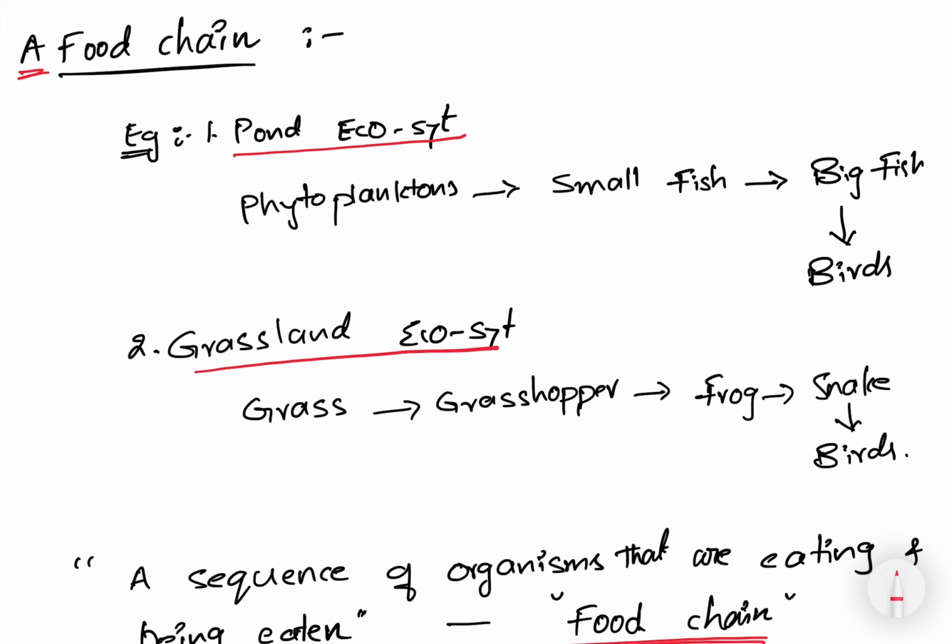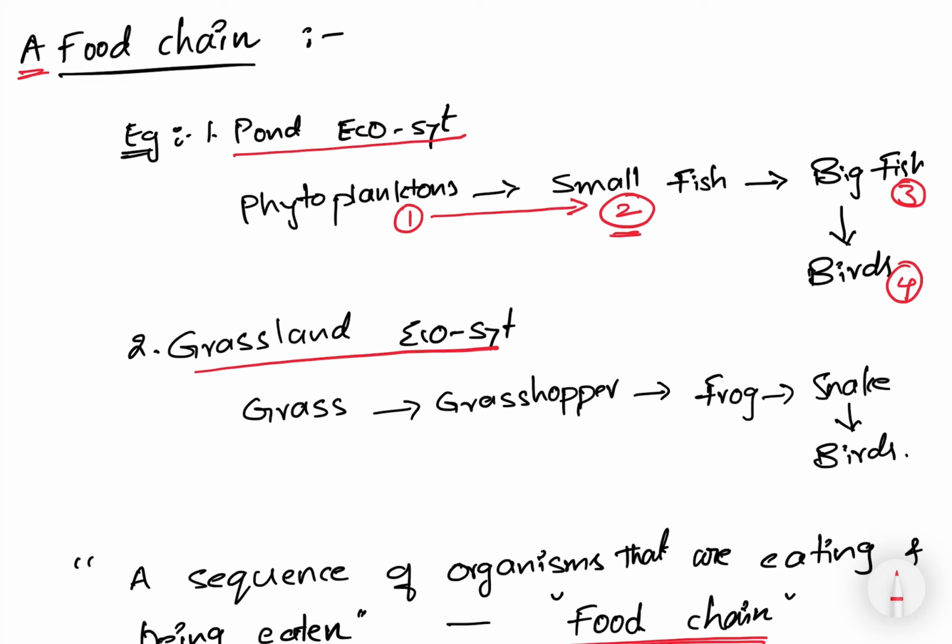In a pond ecosystem, if you want to explain what a food chain is, you can see there are different organisms placed at trophic levels 1, 2, 3 and 4. Every higher organism feeds on the lower level organism to obtain its food as well as energy.